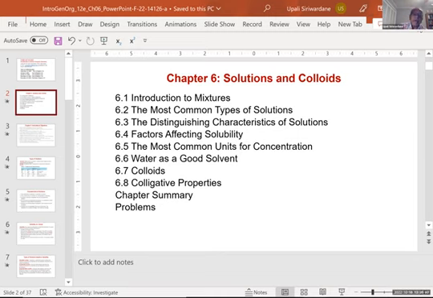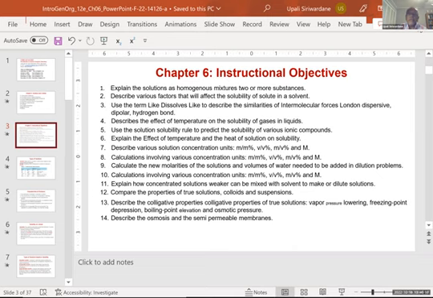I'm not going to talk about sections 6.6, 6.7, and 6.8 right now, because first we go over sections 6.1 to 6.5, then discuss later. I will come back and review. I am also not going to go through instructional objectives for chapter 6, because right now there are a lot of details.